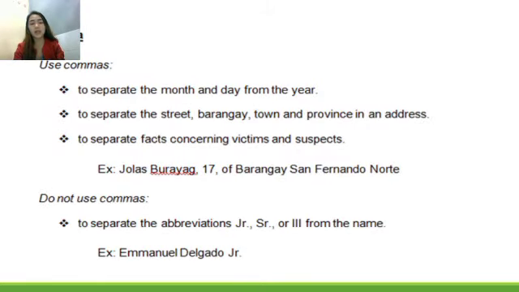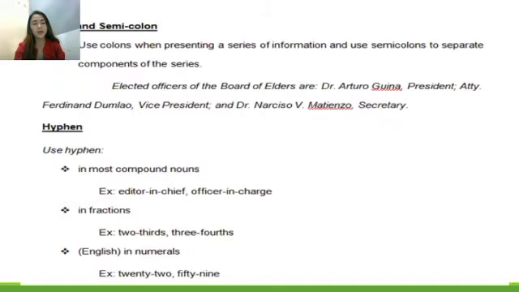Even sa comma guys, use commas to separate the month and day from the year, to separate the street or barangay. Yun, mga normal naman to sa checking sa grammar. Colon and semicolon, used when presenting a series of information. Ayan, example, editor-in-chief, officer-in-charge, in most compound nouns. Pwede mo siyang gamitin dito sa hyphen.